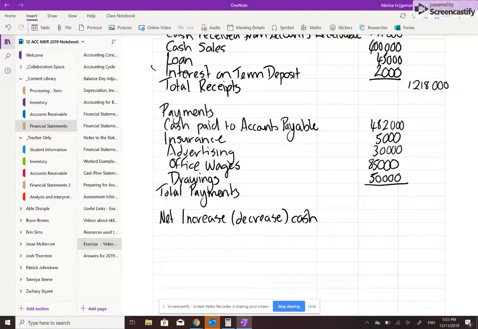Okay, so let's total up our cash paid. So we've got 482,000 plus 5,000 plus 30,000 plus 85,000 plus 50,000. So got 1,169,000. I'm just going to double check that.